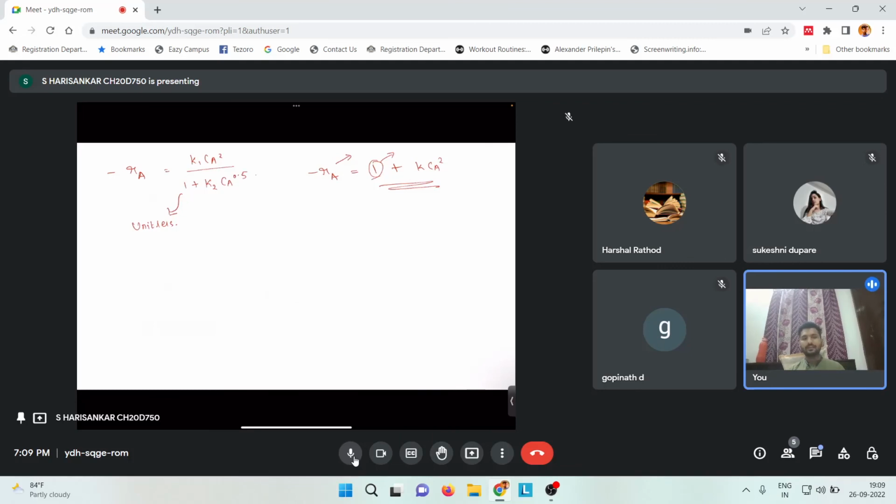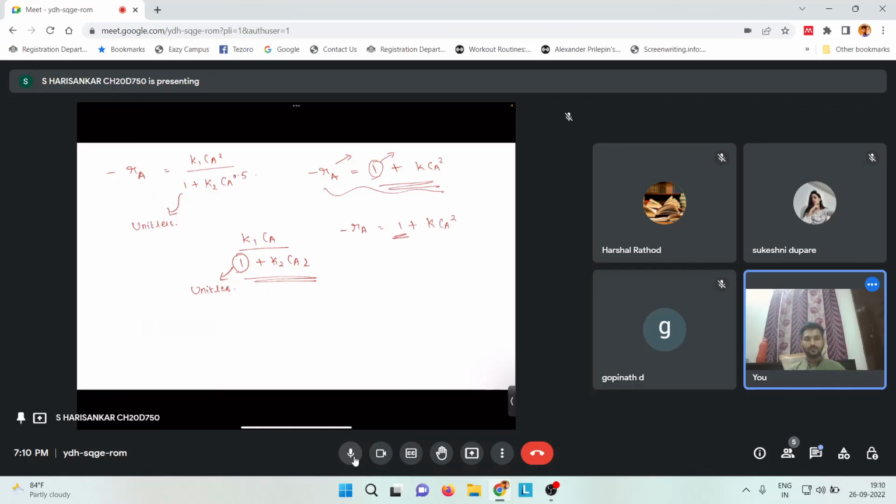Only if you see a number in the denominator, like in this case, K1 Ca by 1 plus K2 Ca, is it safe to assume that it is unitless. If it appears in the numerator, or like in this case, minus Ra is equal to 1 plus K Ca square or Ca cube or whatever, then this one definitely has a unit.